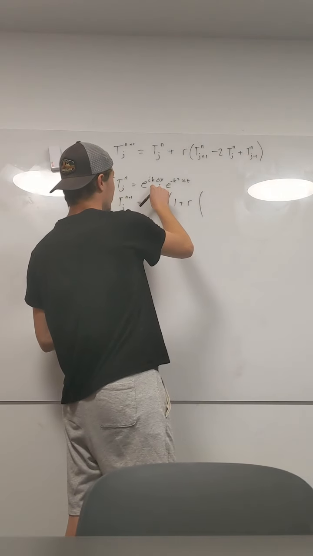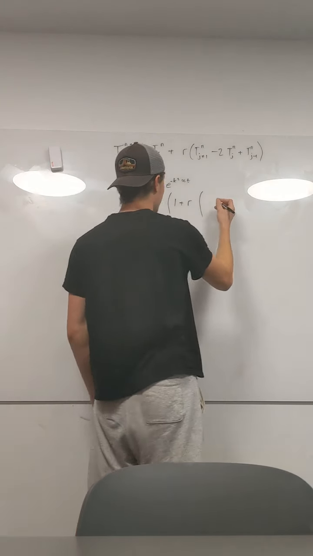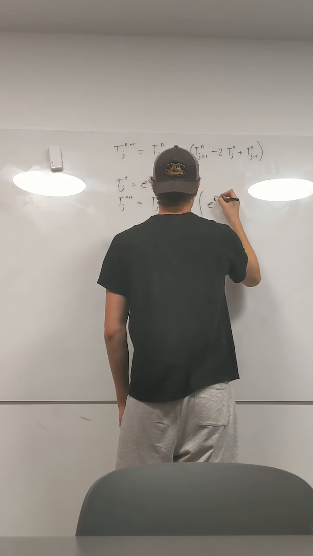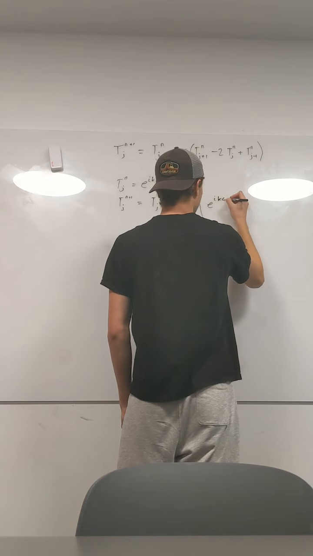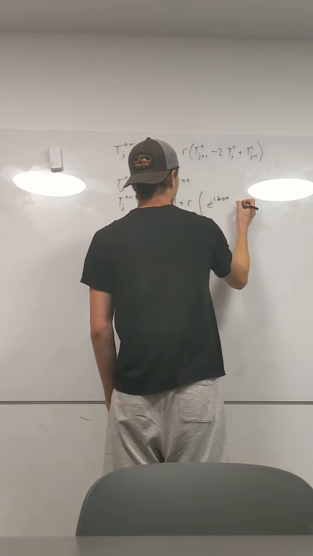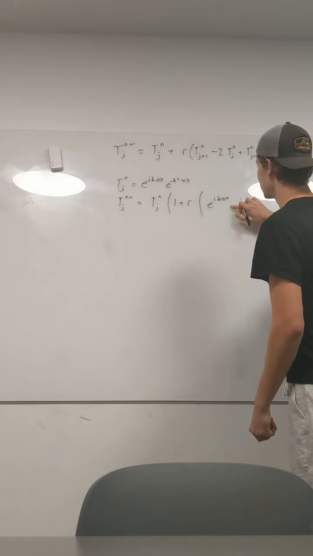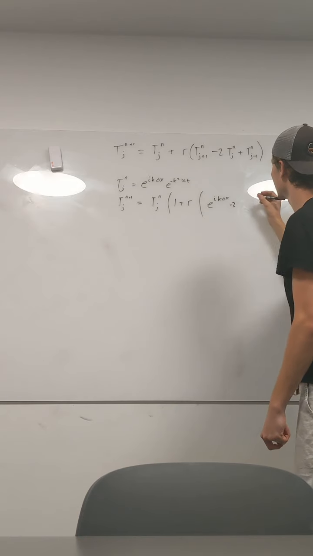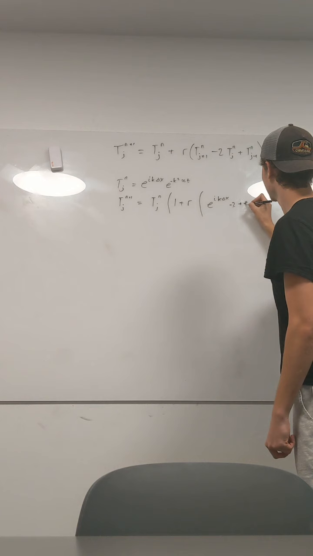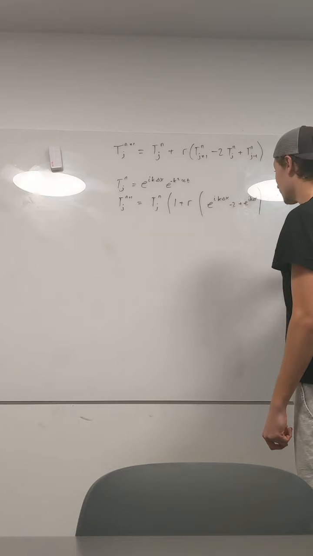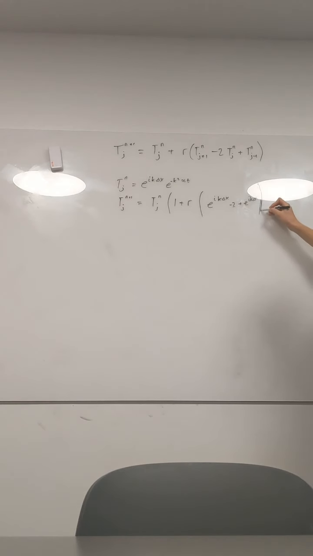That's just going to be the first one, the one to the right of it, e to the i k change of x, and then minus 2, that's the one in the middle, and then plus e to the minus i k change of x. There we go. Now that everything's substituted back in, we can simplify things.